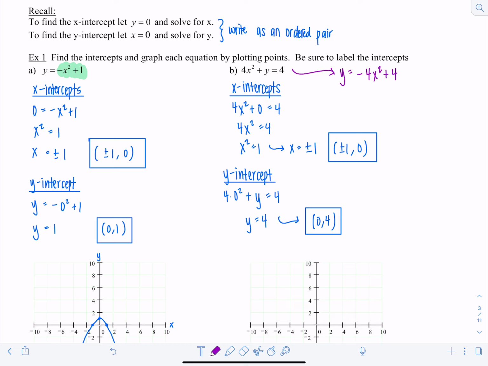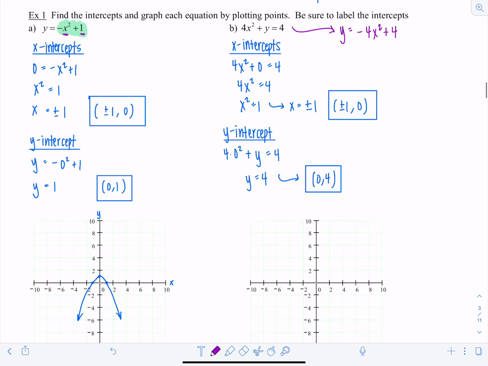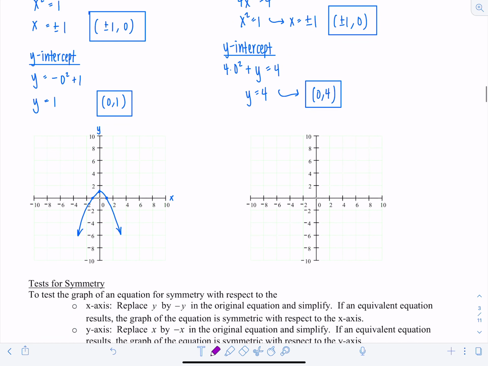So it's a very similar shape to the previous parabola that we just graphed. Anyways, it's opening downward. I know that the intercepts are at (0, 4) and (plus or minus 1, 0). So that's enough for me to graph it. But again, you're always more than welcome at this point to just make a table and plot more points if you need to. Okay, x-axis, y-axis.